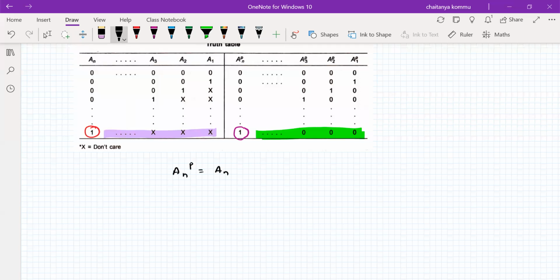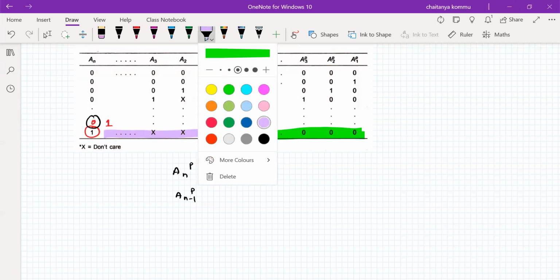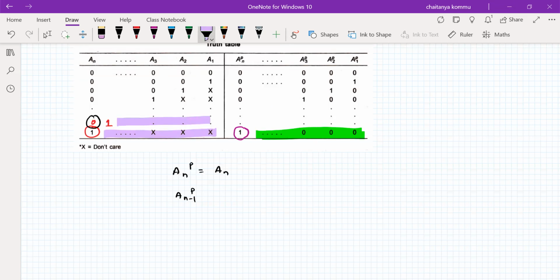Next, for example, AN minus 1 of P. That means I want to get this one. What I have to do is, this must be 0 and then this must be 1, and the remaining things I am not worried about. Agreed?